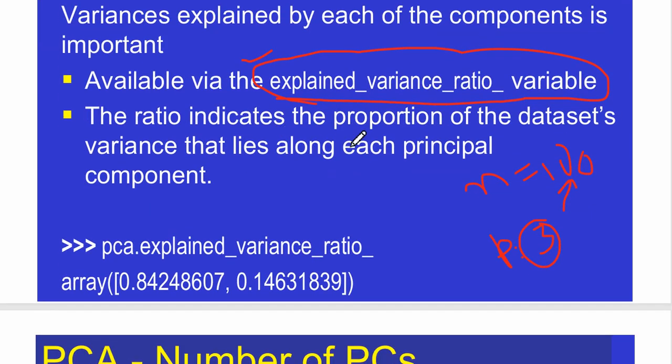Clear? For example, here I am choosing two components. The first component variance ratio is 0.84. The second component variance ratio is 0.14. That is PCA dot explained variance ratio. If the explained variance ratio is more, that is an important component. If it is less, that is a less important component.